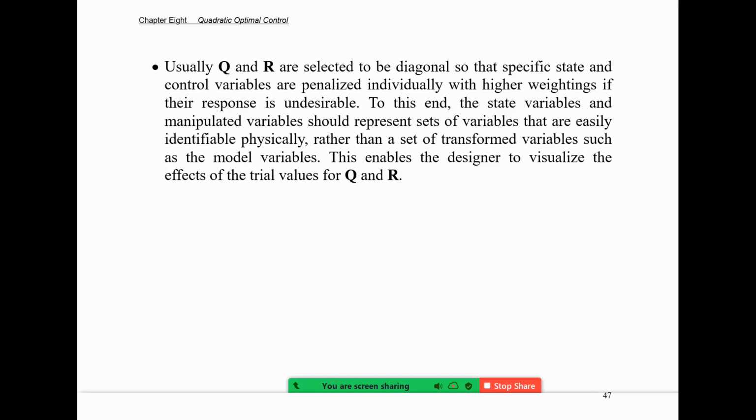It is also better to use the original state variables, those with physical meaning, like the speed and the position.